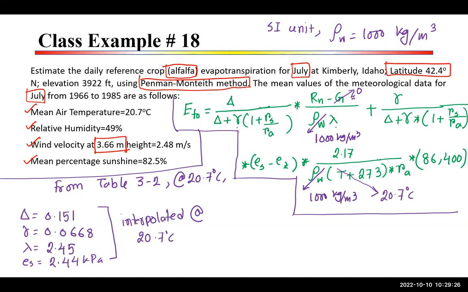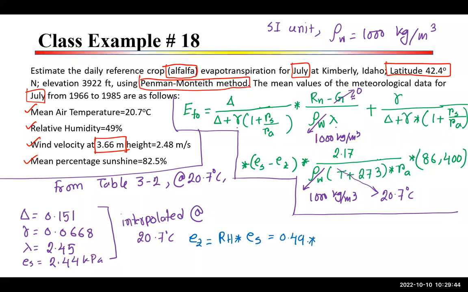Now, ES is 2.44. We can actually find the EZ as well. EZ is relative humidity times ES. What is the relative humidity you have here? 49%.